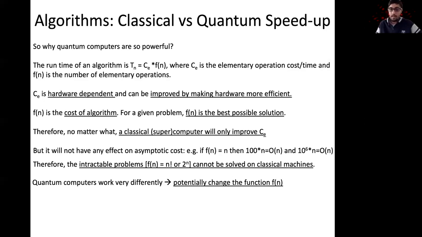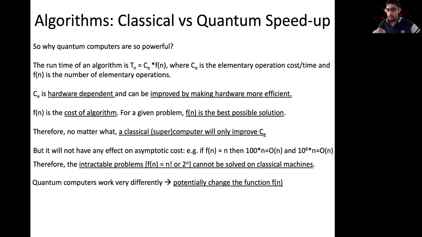On the other hand, quantum computers have very different properties like superposition and entanglement. So you can design very different quantum algorithms where you can actually come up with a better F(n) function. So you're not just changing the CE part of it, you're actually changing F(n). For example, instead of n factorial, you might come up with a new function which is probably n power something, n power 1 or n power 3, something like that.